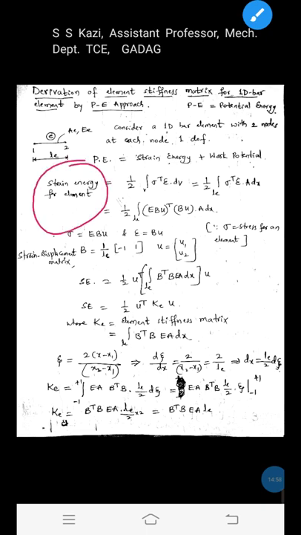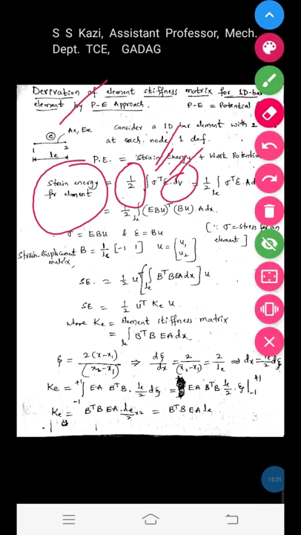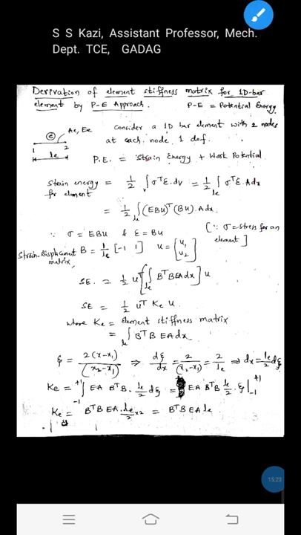The strain energy of an element of a bar can be written as half of stress transpose into strain, because we have a number of nodes and elements. Hence we will consider one component, stress transpose into strain into dV, that is volume, for a small elemental volume.